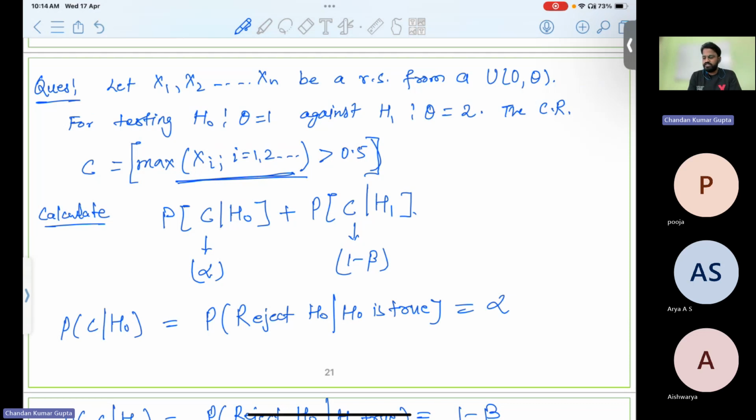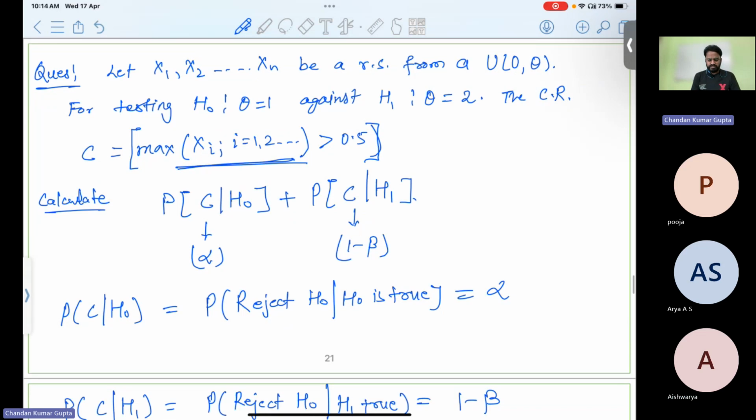There we discuss what alpha and beta are, how to calculate the type 1 error, how to calculate the type 2 error, and the power of the test. The most powerful test is calculated with the help of the Neyman-Pearson lemma. So you may see the week 11 lecture. You will get the numericals on these types. It is very simple actually.